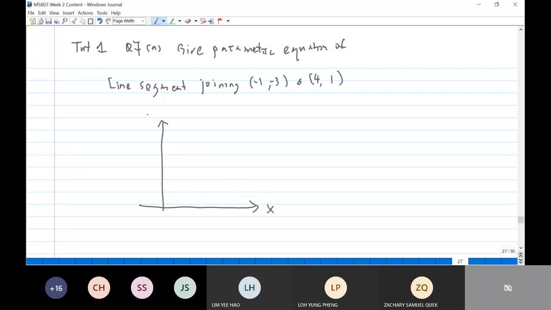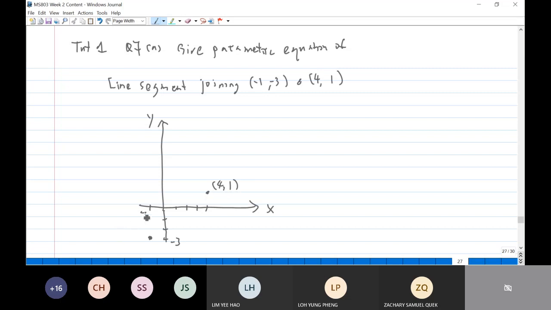Imagine what this curve actually is. Okay, -1, -3. So minus 1, minus 3 is somewhere here. So this is one point. And 4, 1: 1, 2, 3, 4. So this is 4, 1.